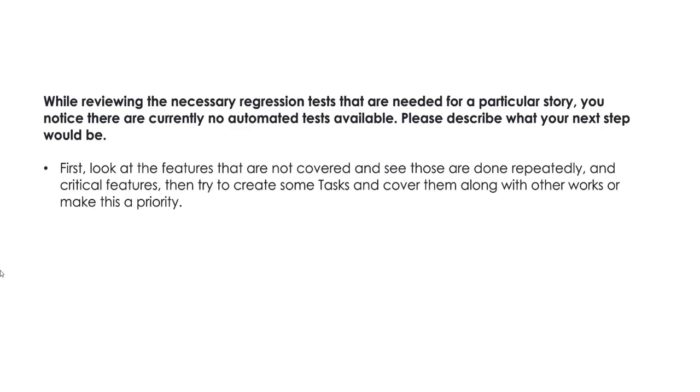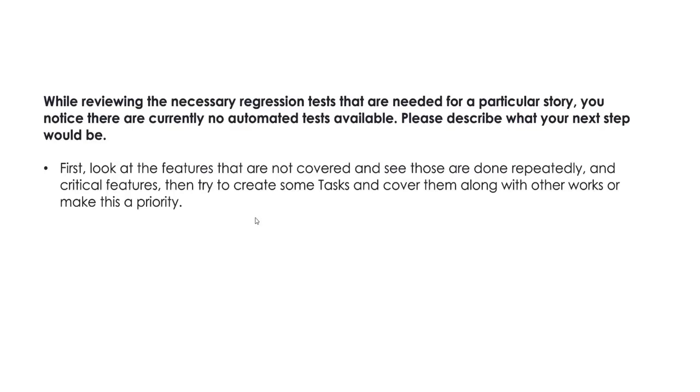First, look at the features that are not covered and see if those are done repeatedly. If it is a critical issue or critical feature, then try to create some tasks and cover them along with the other work, or make this a priority because the coverage is important.